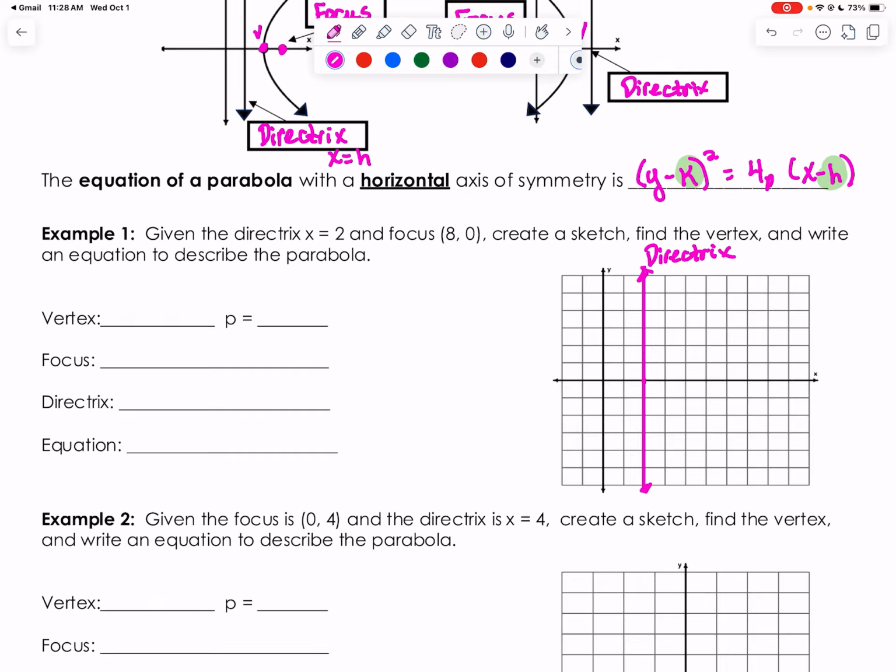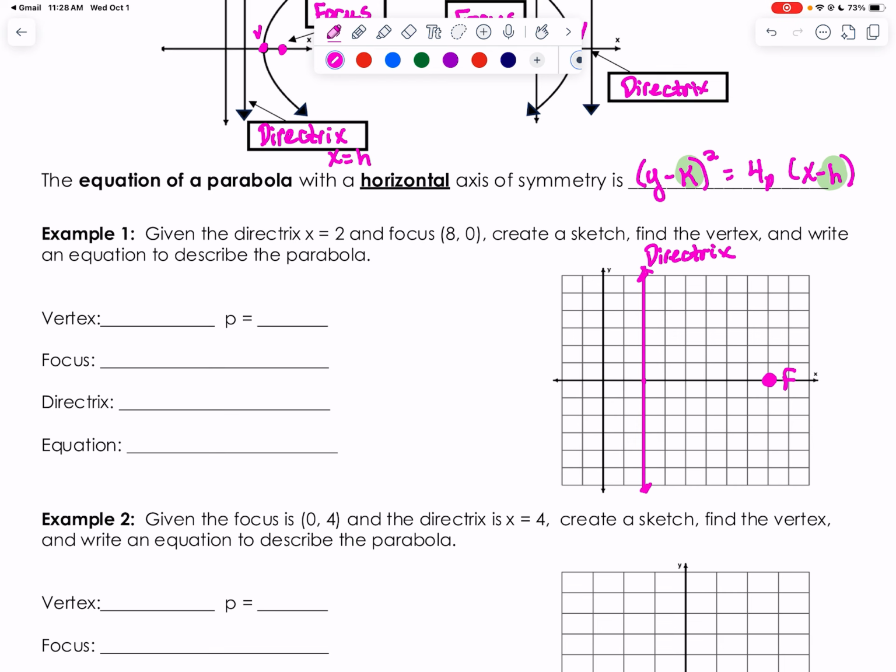Okay. Our focus point in this problem is at (8, 0). So 1, 2, 3, 4, 5, 6, 7, 8. So our focus point, and remember, it's so important to label, or you'll get the focus and vertex mixed up. So our focus point is at (8, 0). And the vertex is always halfway between the directrix and the focus.